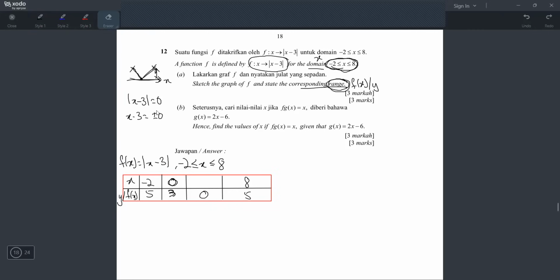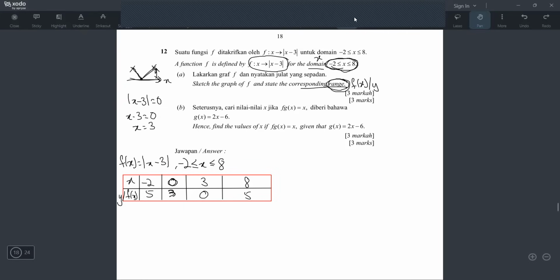But for 0, there's no plus minus, because 0 is like neutral. There's no positive 0, there's no negative 0. Negative 0 is still 0, positive 0 is still 0. That's why you can ignore the plus minus and straight away write x equals 3 like that. So I have my first point, I have my last point, I have my y-intercept, I have my x-intercept. Now I'm ready to sketch, right?